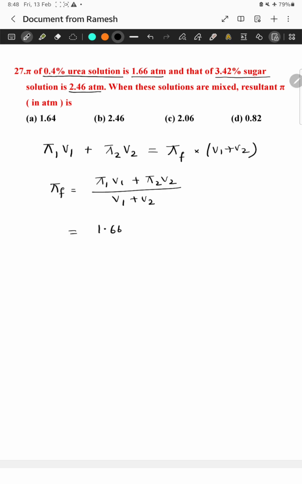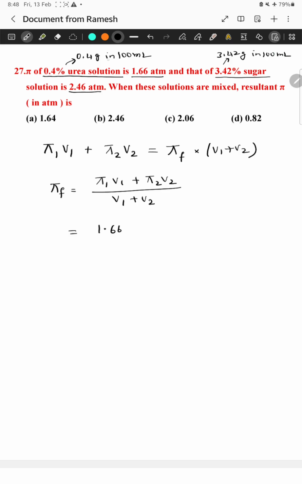You read this question. 0.4% urea solution, that means 0.4 gram urea in 100 ml of solution, that is the meaning. Similarly 3.42% sugar means 3.42 gram of sugar, of course sucrose, in 100 ml of solution.